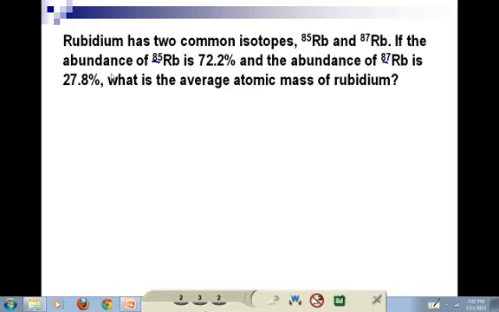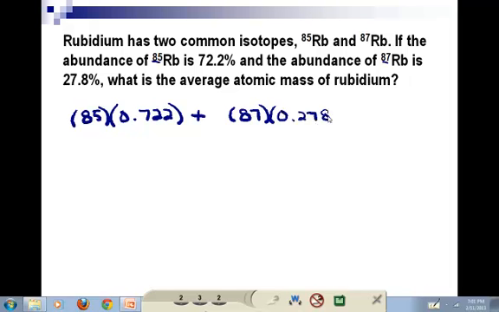Okay, let's look. We have rubidium 85, so we're going to take 85. We're going to multiply it by the fractional abundance of 85, which is 0.722. Then we're going to add it to isotope 2, which is 87. Multiply it by 0.0278.